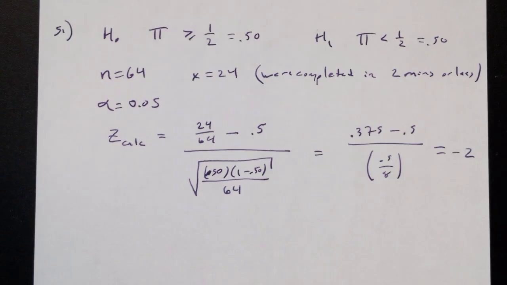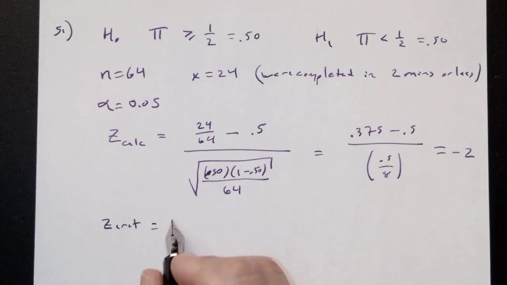There are 2 ways to do that from here. We can look at Z-grid. I need the critical, right? So, Z crit. Z crit is the Z that goes with 0.05.